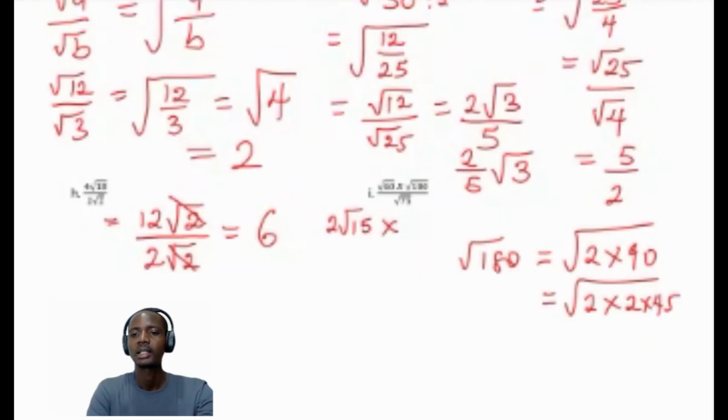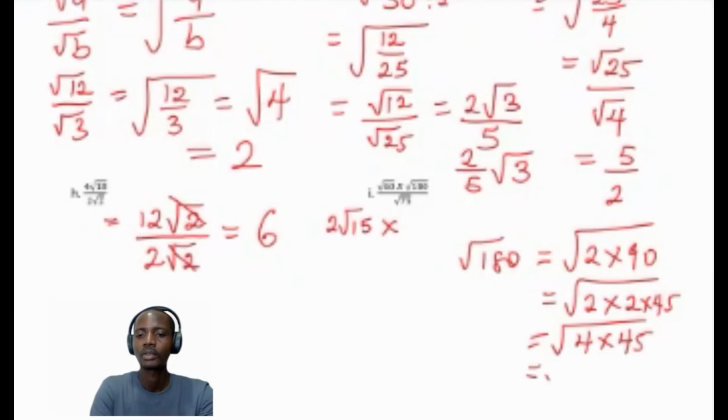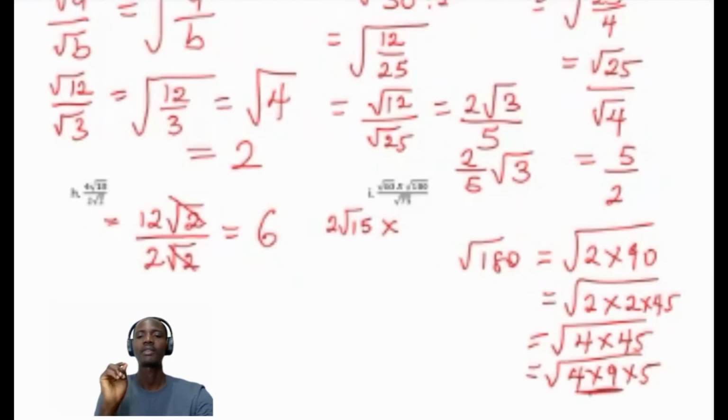You see that? Now, this gives us the square root of 4 times 45. But I can further break down 45. Breaking down 45 gives us 9 times 5, right? So 4 times 9 times 5. Now, that makes it easy for us because 4 times 9 is 36, which is a perfect square.